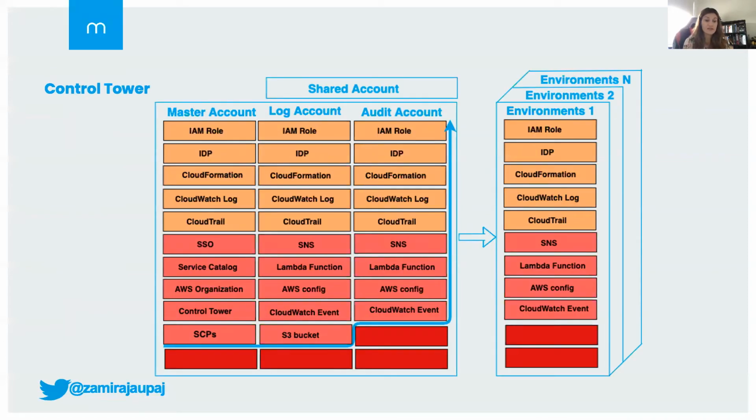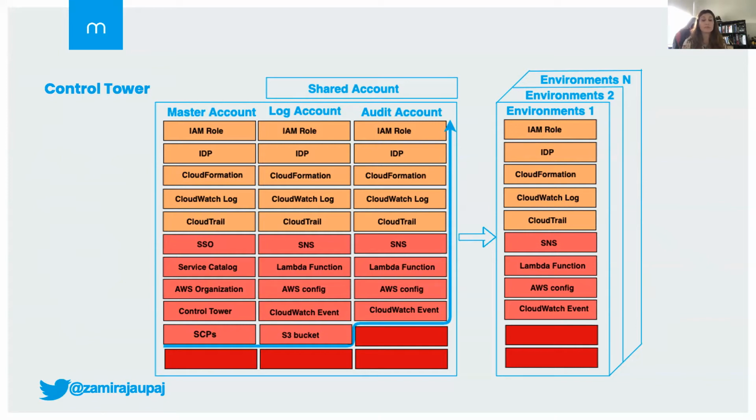In this picture, in this table, the first part shows 3 AWS accounts: master account, log account, and audit account. All of them are part of the core organizational unit, and there are also other environments that you can extend, as many environments and accounts as you want, based on your needs. Let's start with the master account.